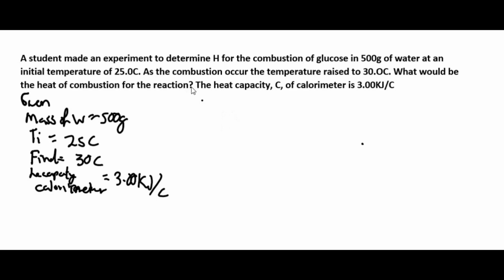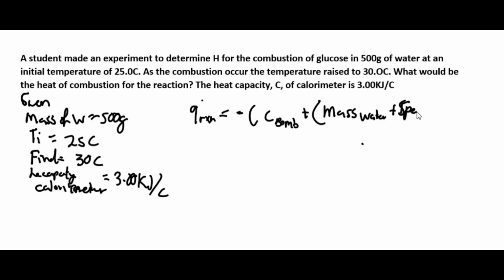So let us set up the equation. So Q RXN minus, heat capacity of bomb calorimeter plus mass of water times specific heat of water times change in temperature.